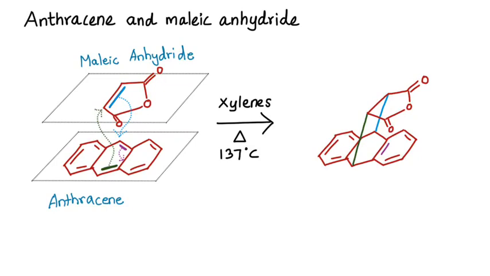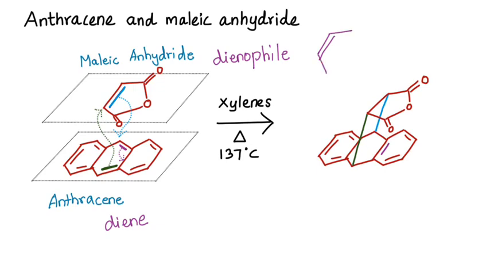Okay, here are the two compounds that you're going to use in the lab. Anthracene as the diene and maleic anhydride as the dienophile. Maleic anhydride is a good dienophile because, okay, this is a simple dienophile.